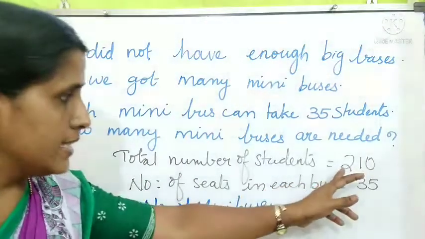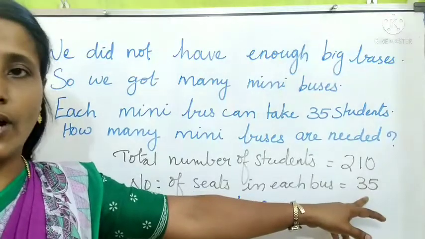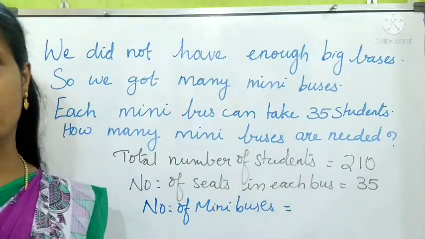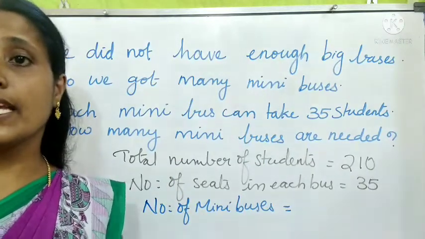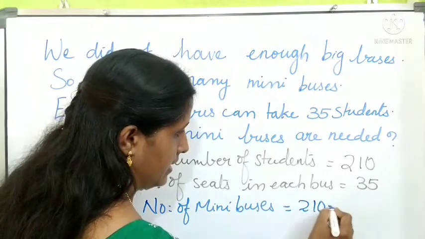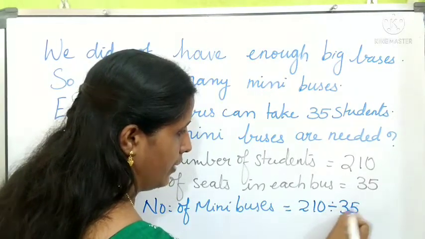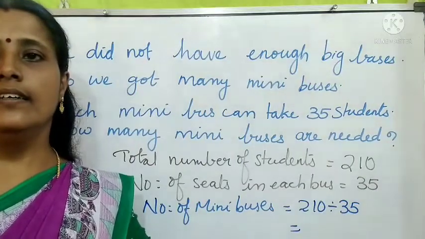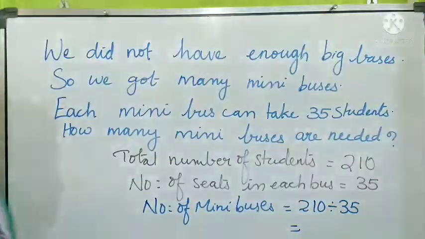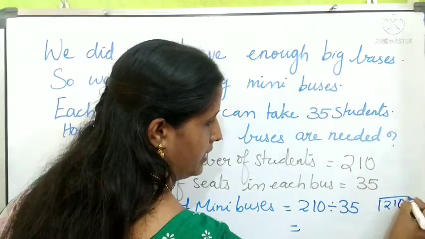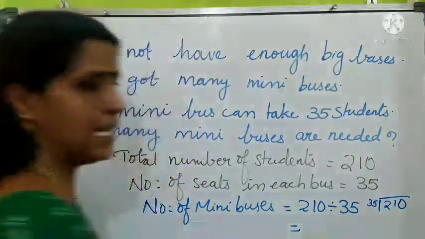Yes, the total is given. One minibus's details are given. So we need to find out the number of buses. There we have to use the calculation division. 210 divided by 35. At that time we get the answer. So division, 210 divided by 35. You have to know the table of 35.